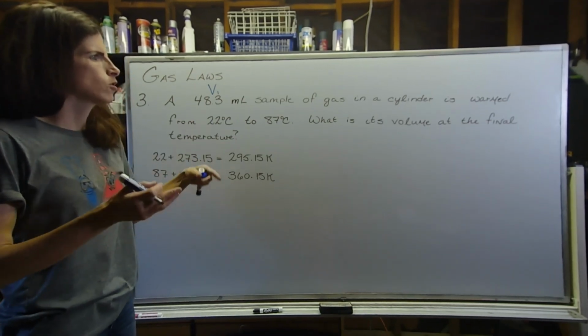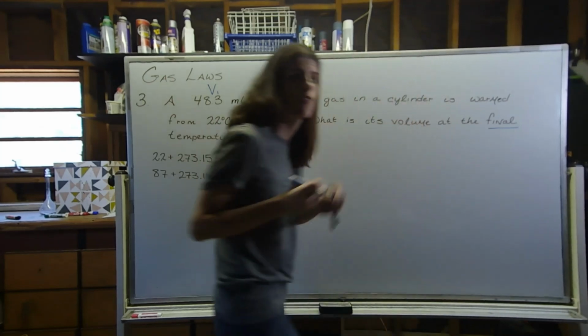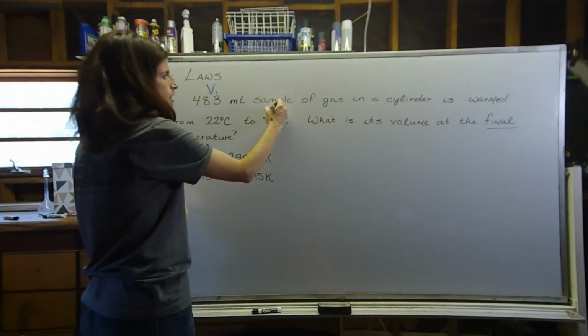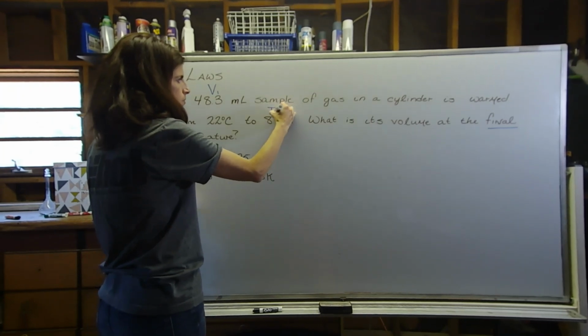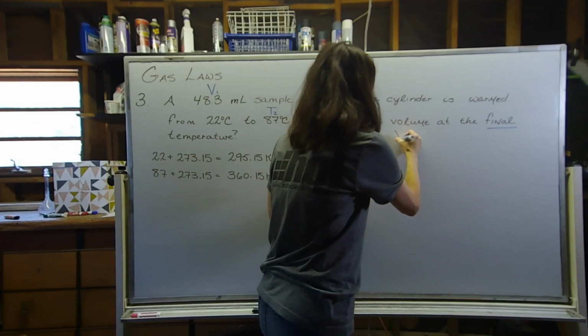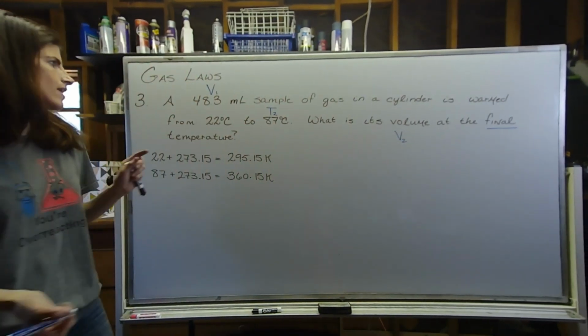What is the volume at the final temperature? This is a key word here, the final. So if it's warming, the final temperature is going to be the 87. So I can call that final volume V2 if I put a T2 on the 87.